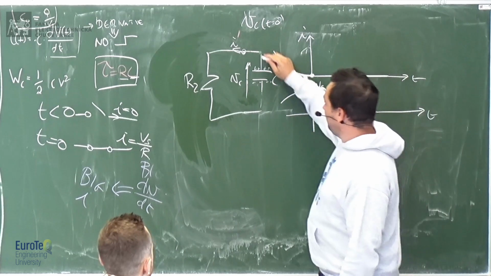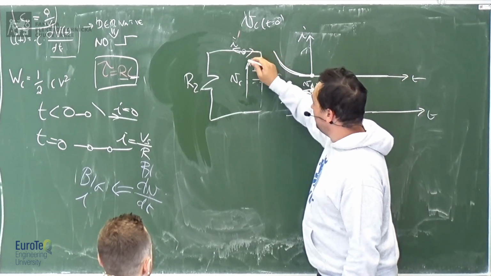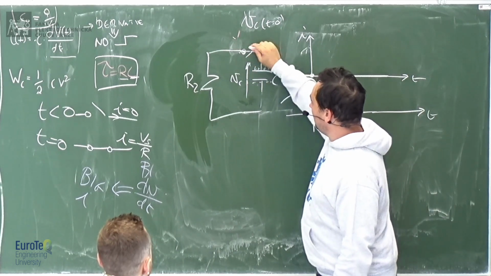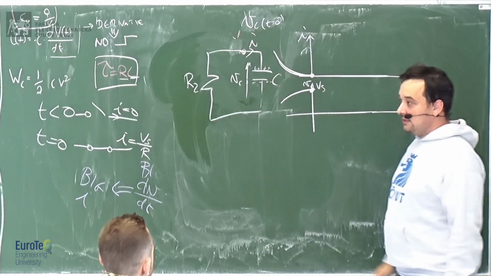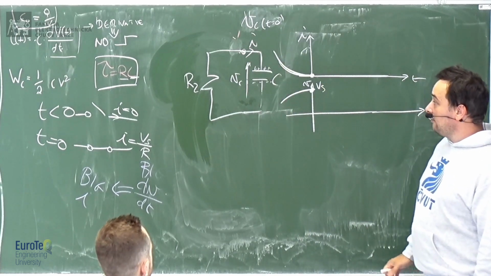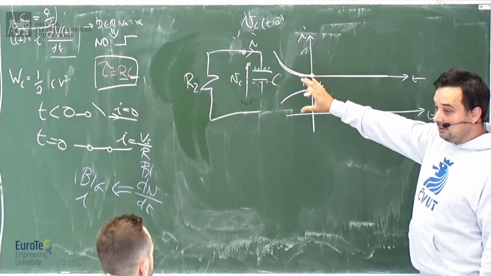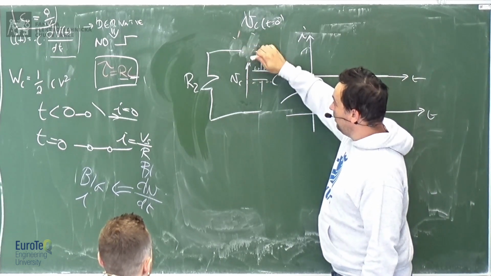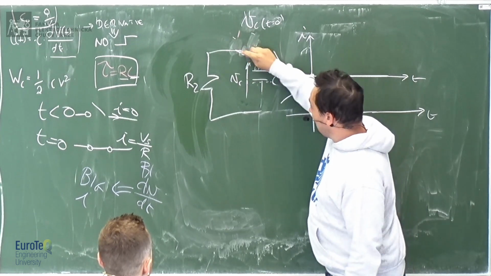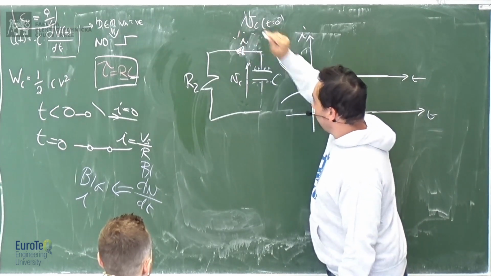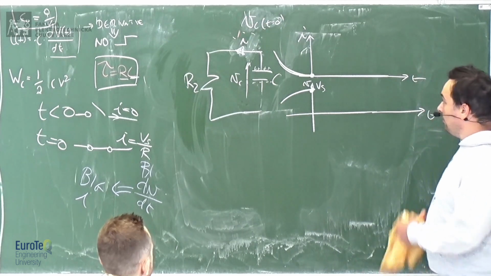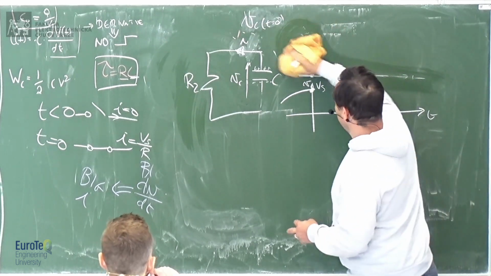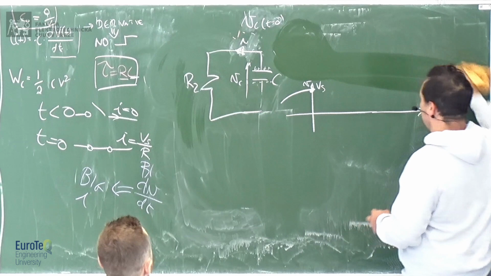Now, let's be careful with the sign of the current, because previously we considered the current positive with this sign. But now that I've built up the voltage and I connect a load, the current will go to the load, okay? So maybe I should redraw this.